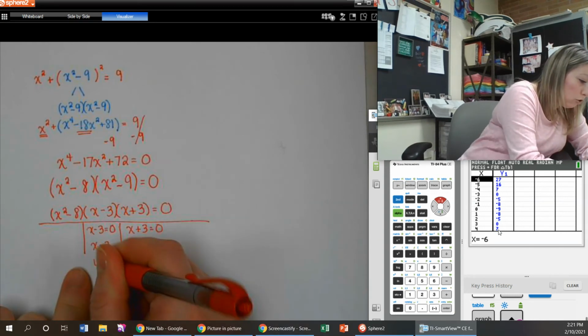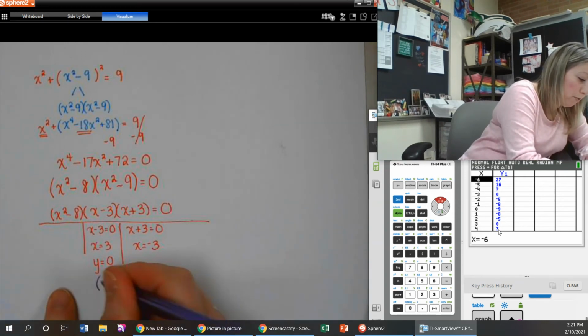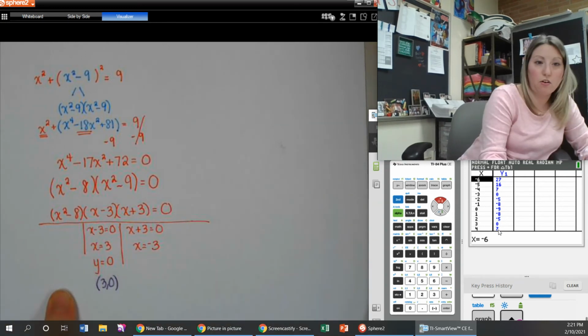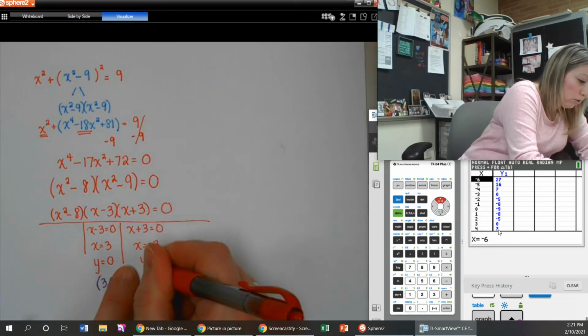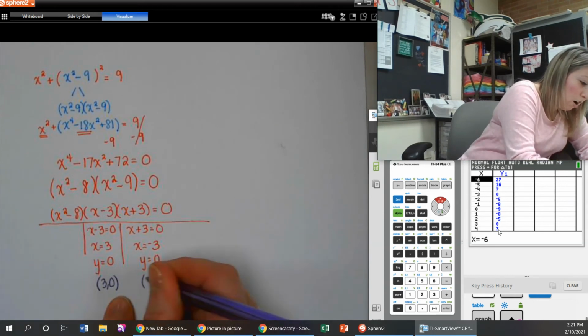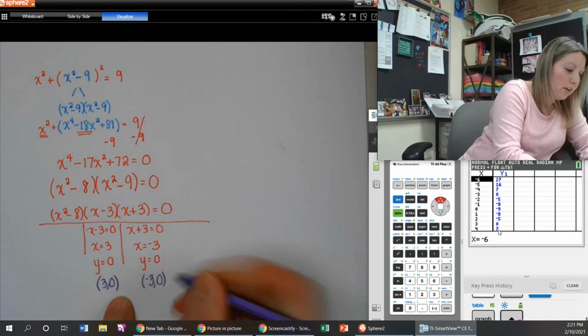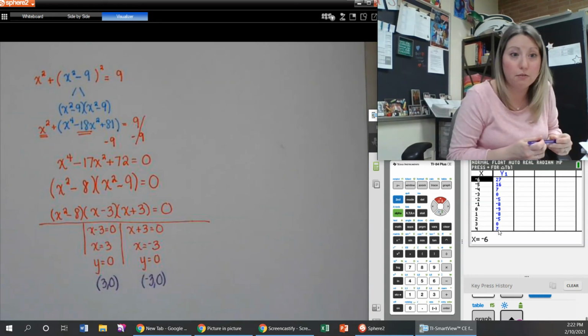So I get a matching y of 0. That intersection point, and I'll do it in purple, is (3, 0). Then I do that again over here, and I get y equals 0 again. So your intersection point is (-3, 0). We already knew those because those were the obvious ones on our graph.